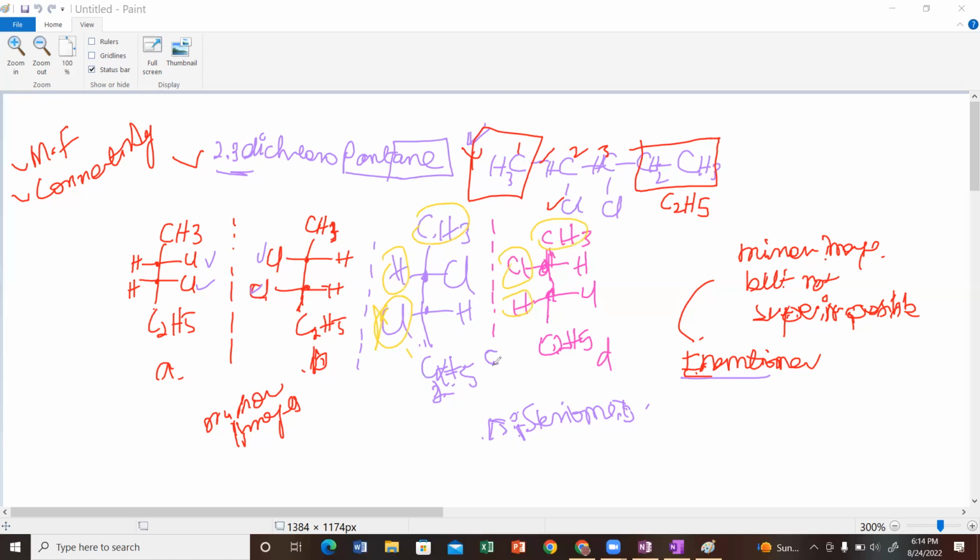So we can say structures C and D are enantiomers. Why? Because they have same molecular formula, same connectivity order, different orientation of atoms in space, and they are mirror images but not superimposable. So these are the criteria on which you can identify different compounds as diastereomers or enantiomers. Thank you.